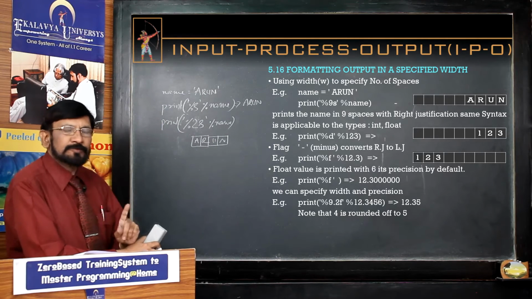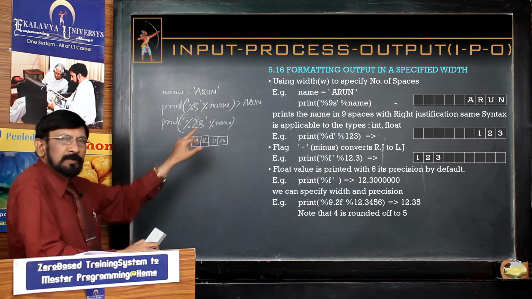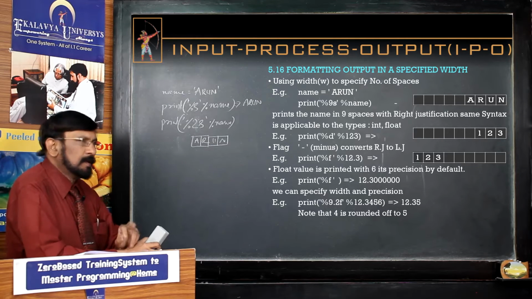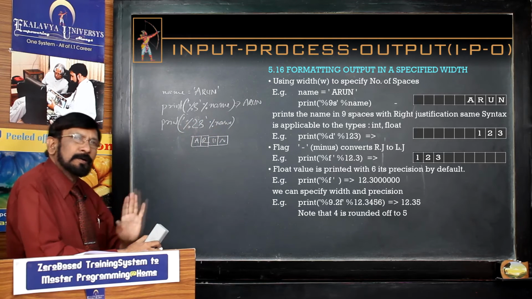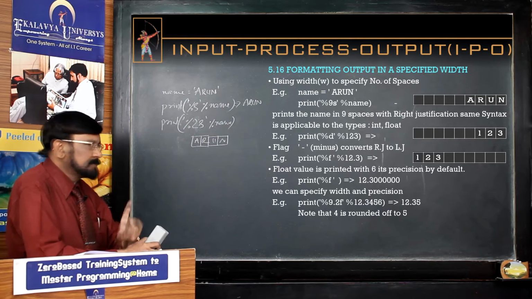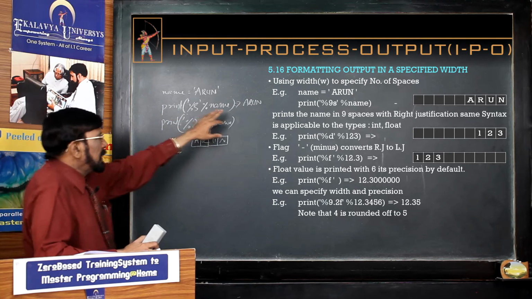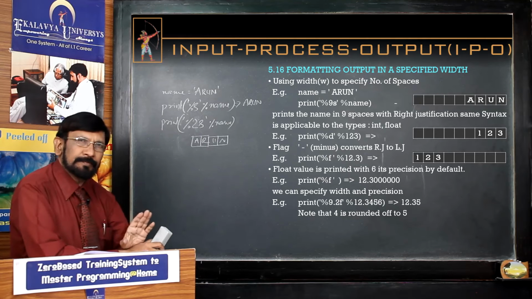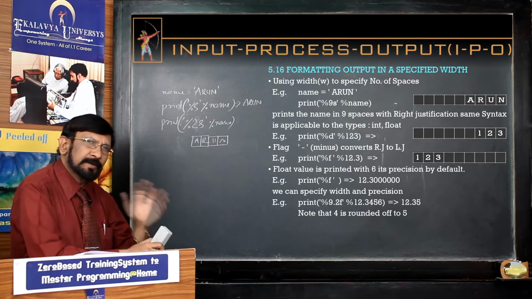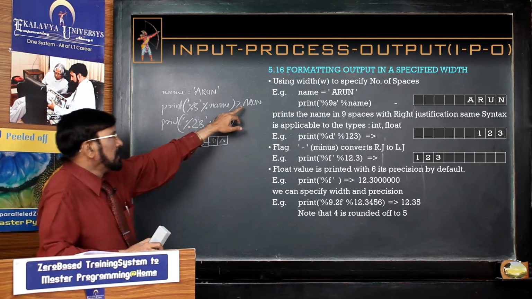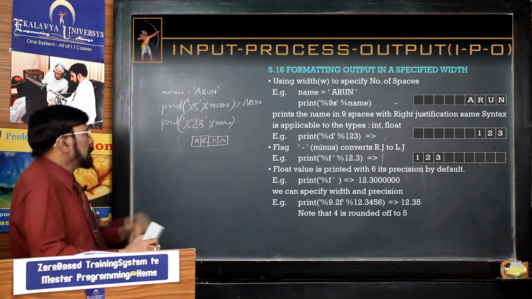This point always remember. This principle is always applicable for not only strings, all data types. Because of this width specifier, the data never be discounted. That point you remember. It may be int, it may be float, or it may be string. Okay.